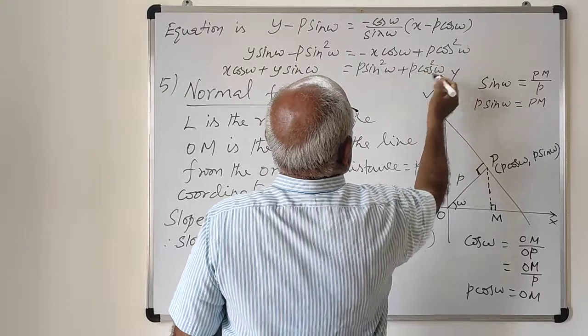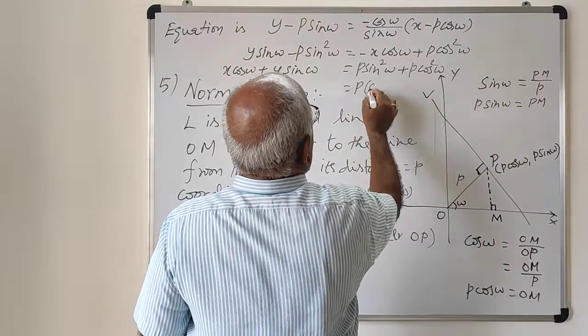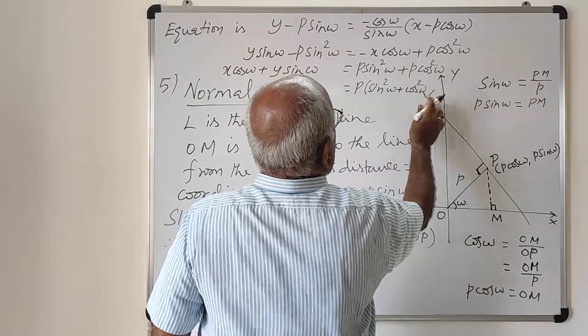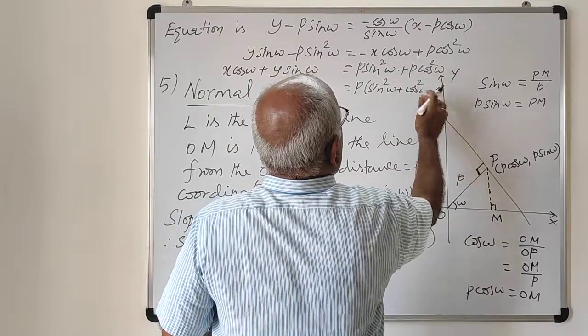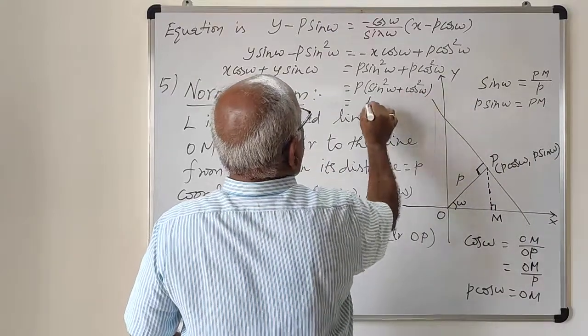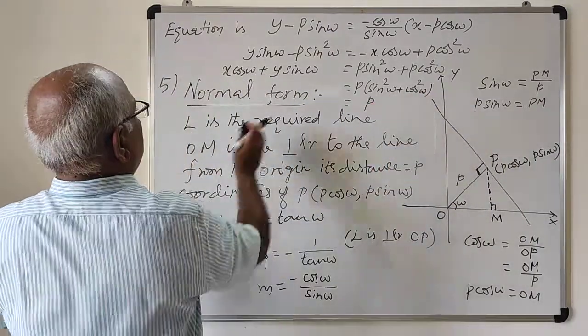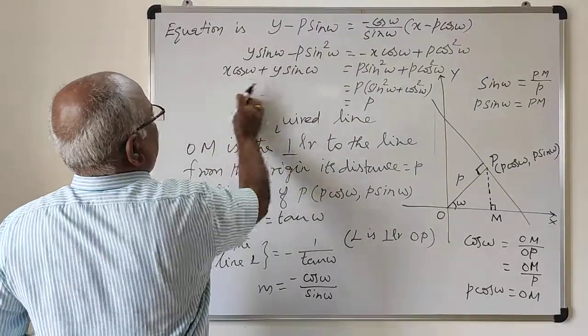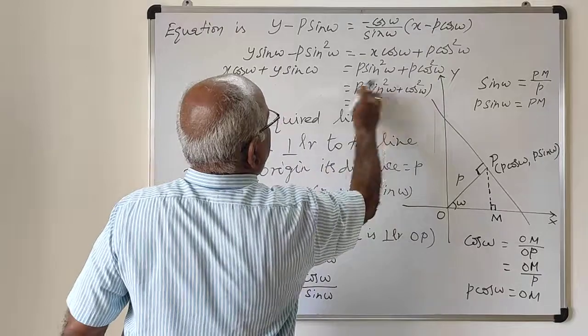Taking p outside, sin square omega plus cos square omega is 1 by trigonometry.